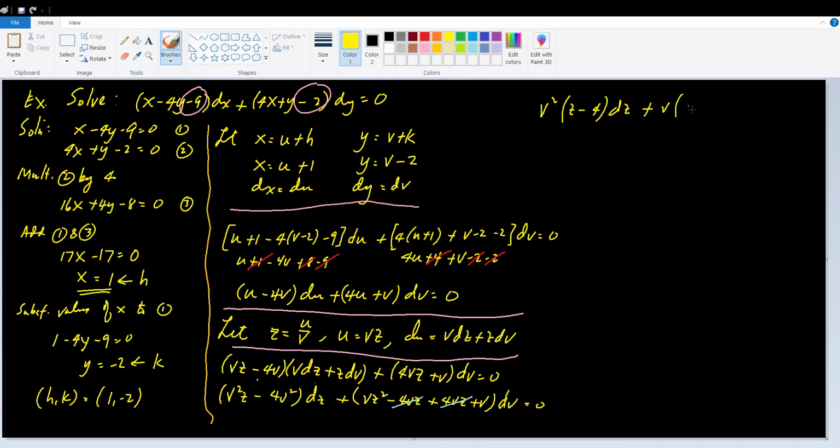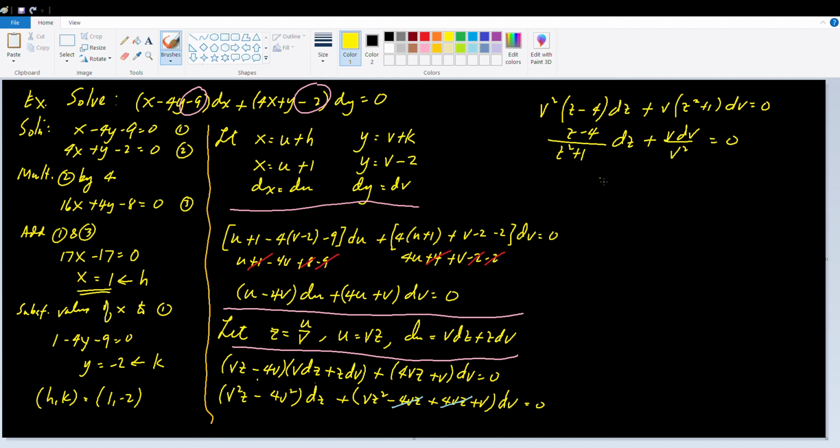So that will be c squared plus 1 dv equal to 0. And the variables now are separable. So we have c minus 4 over c squared plus 1 dc plus dv over v equal to 0.